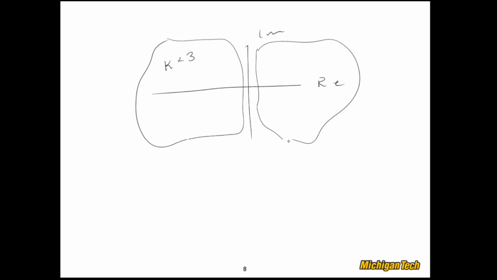So that means that for K greater than 3, I have some closed loop poles over in the right half plane. And guess what happens for K equals 3? I'll have some poles on the imaginary axis. We can actually exploit that concept when we look at some special cases of the Routh array, which is the topic of another video.